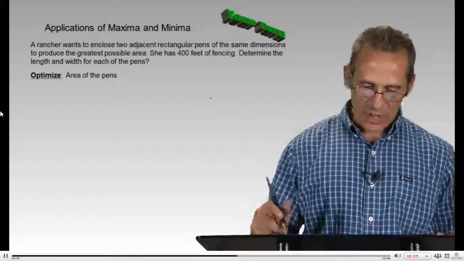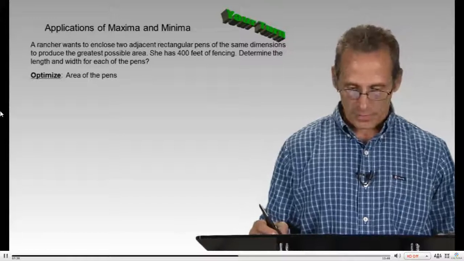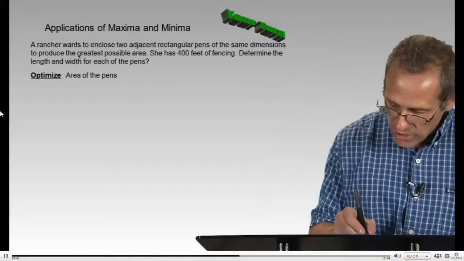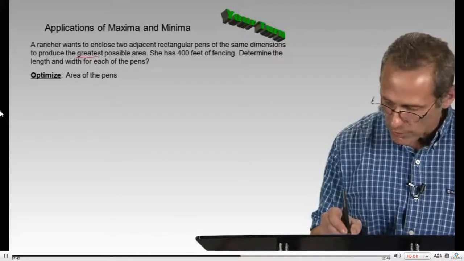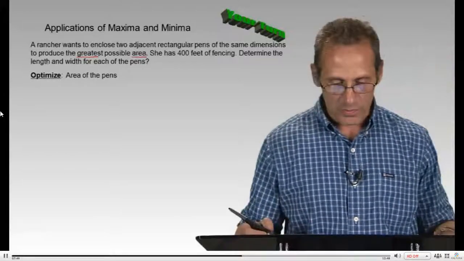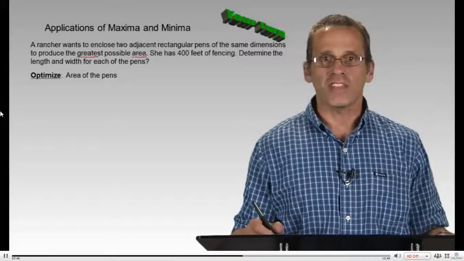We begin by asking, what are we trying to optimize? Go to words such as least and greatest, and we find we're looking for the greatest possible area. We're trying to optimize the area of the pens.